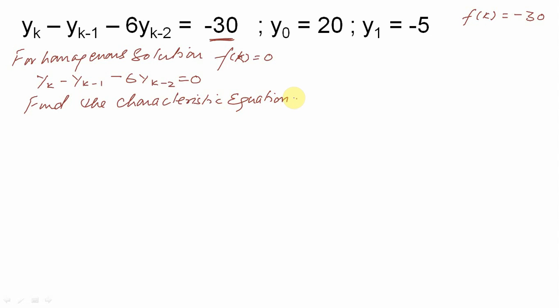But if you are having problems finding the characteristic equation, I suggest you rewatch the previous video where we talked about the homogeneous solution. So the characteristic equation of this particular recurrence relation will be r square minus r minus 6 is equal to 0. This is the characteristic equation of the recurrence relation.